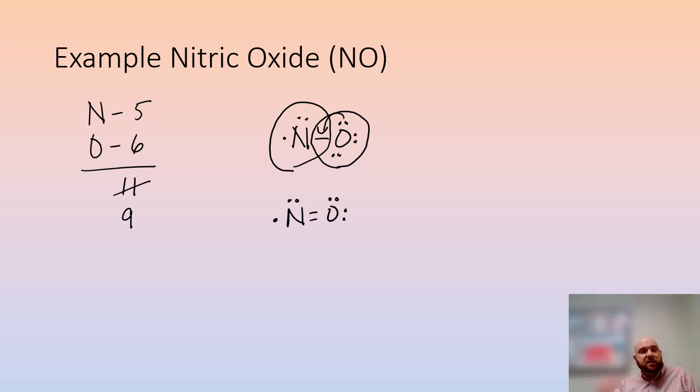We always try to get 7 if 8 is impossible. And we make sure that the atom that has 7 on it is the least electronegative atom in the molecule. So that's why in this case, nitrogen is the one that ends up with the 7 count of electrons, because oxygen is greater in electronegativity than nitrogen.